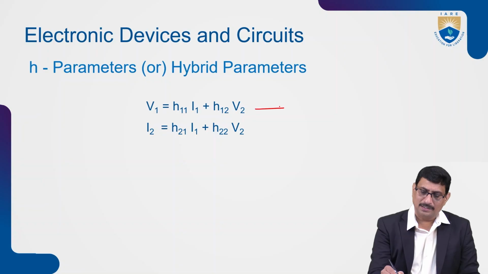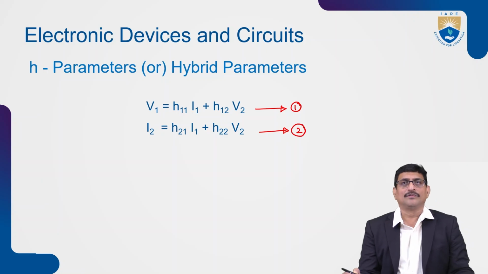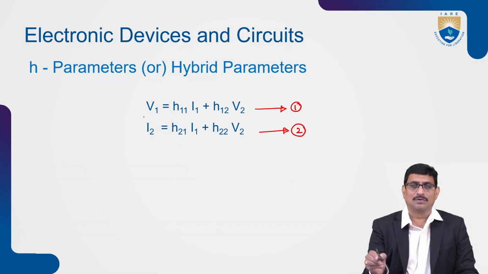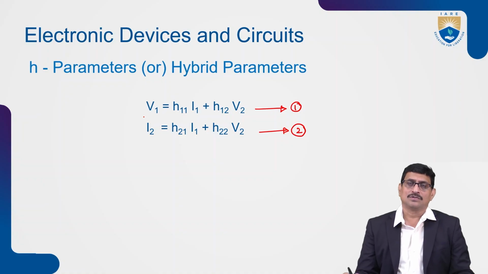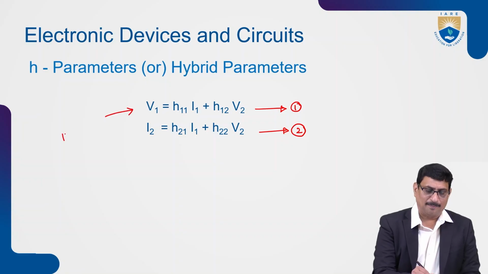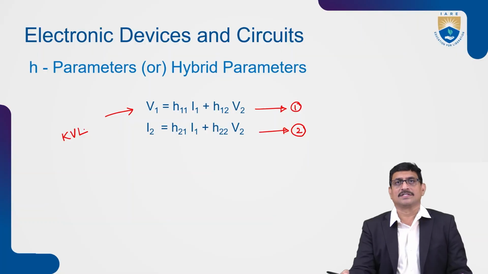If you look at these two equations, in the first equation, voltage is equal to a sum of voltages. It looks like V1 equals a sum of voltages. So this equation may be obtained by applying Kirchhoff's voltage law to some circuit.